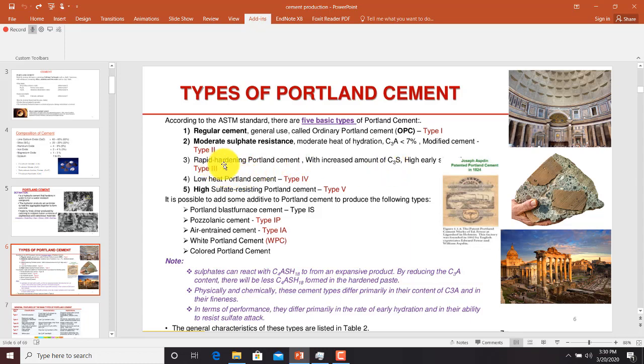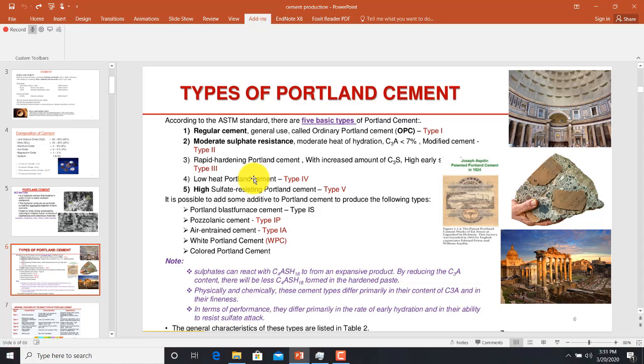It's not a rapid setting cement, since hardening and setting are different phenomena involved in the hydration reaction. Fourthly, it's a low heat Portland cement. It has a very low amount of hydration heat evolved as a result of hydration. In fact, it has a very slow early strength gain.